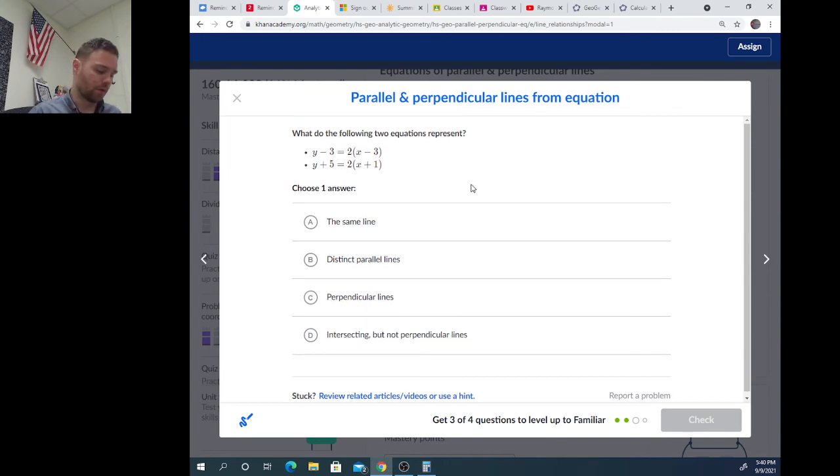So we'll just do one more, and I'll call it a day. I've got y minus 3 equals 2 times x minus 3, and y plus 5 equals 2 times x plus 1.